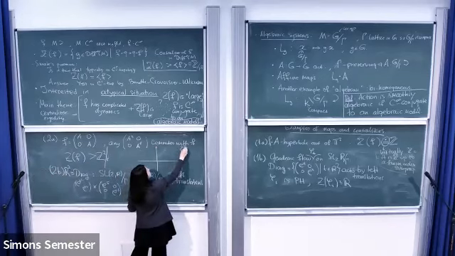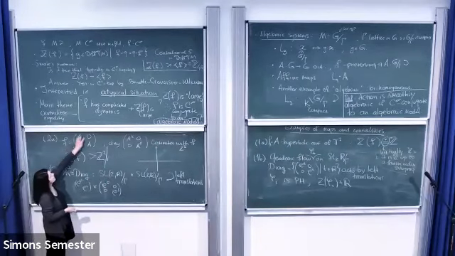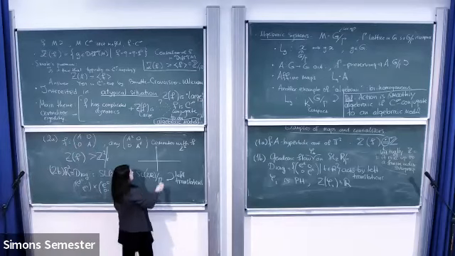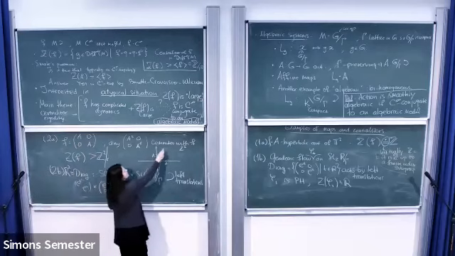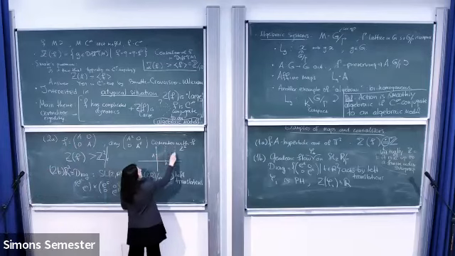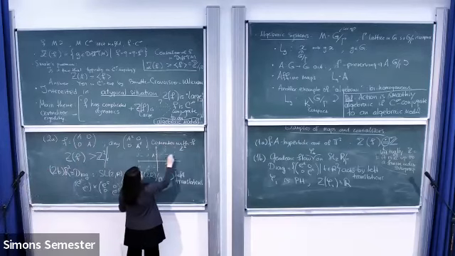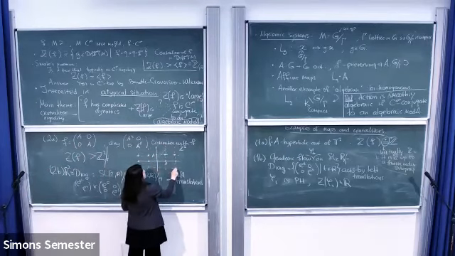In the Z2 lattice, I have one coordinate, which is A identity, and the other one, identity A. So all the points in this lattice are elements of my action.